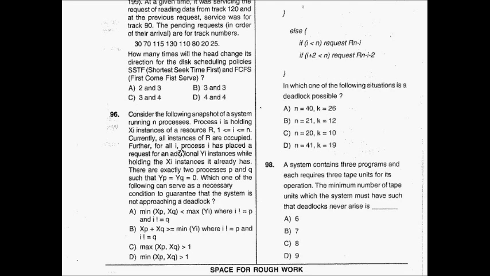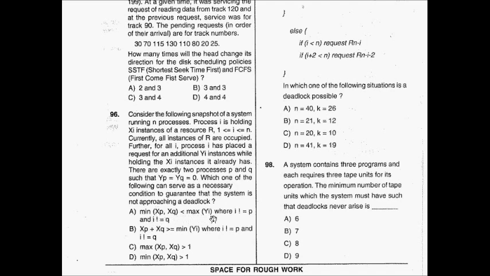So what is happening here is that xp plus xq need at least some amount of yi which can allow them to not approach a deadlock. And in the same way, the resources should not be the same, they should be different.